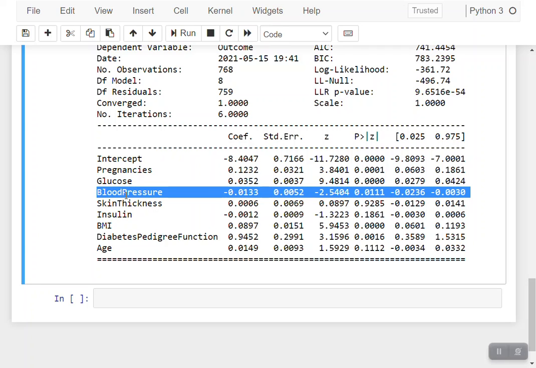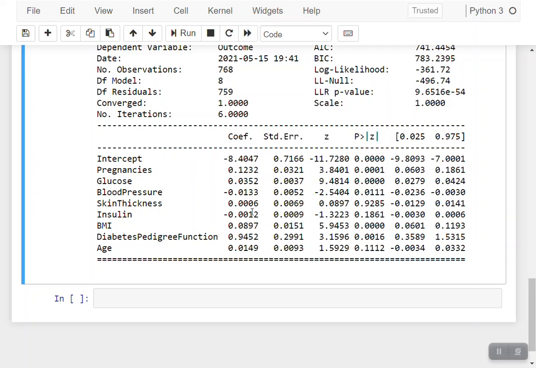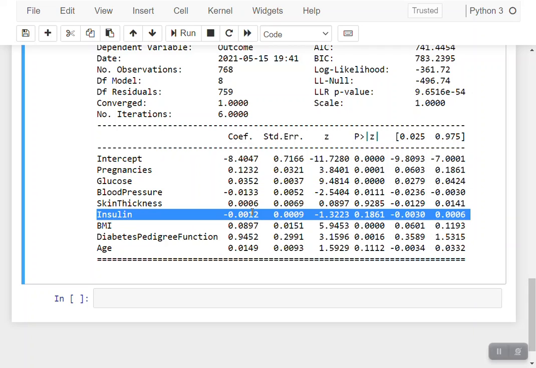Blood pressure in this case, which is interesting, decreases the likelihood in this particular data set, which goes against what we've probably been expecting. But let's take a look at another negative variable, which actually is not statistically significant to interpret, which is insulin. Taking insulin obviously reduces the likelihood of the patient being diagnosed as diabetic.